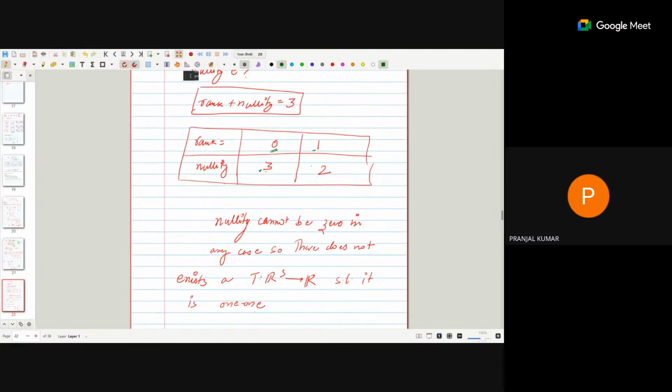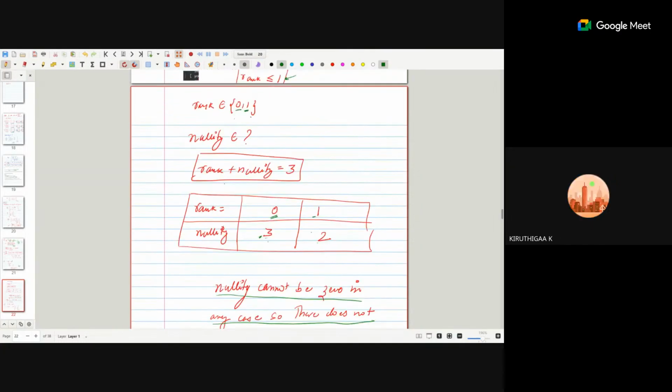Now in any case, is the nullity 0? No, sir. I've written it here: nullity cannot be 0 in any case for this linear transformation. So there does not exist a transformation from R3 to R such that it is 1-1. Is this clear? Yes, sir.